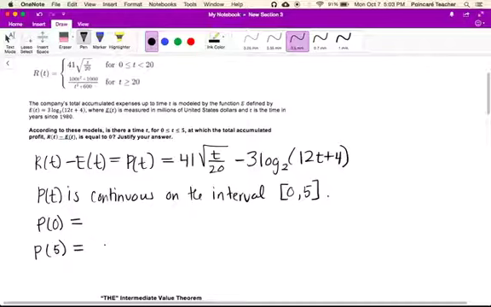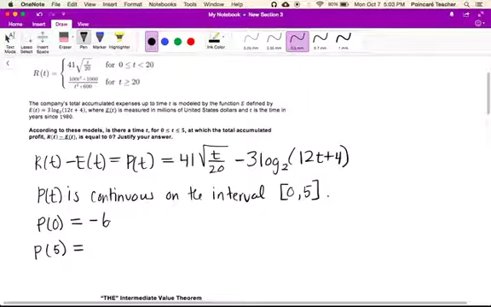So in the calculator, if I plug in 0 minus 3 log base 2 of 12 times 0 plus 4, you're going to get the answer of negative 6. So P of 0 is negative 6.